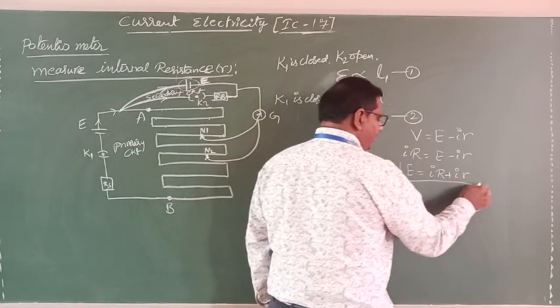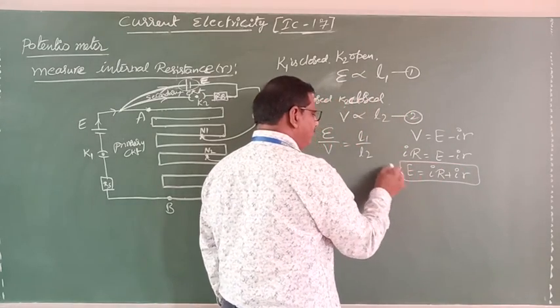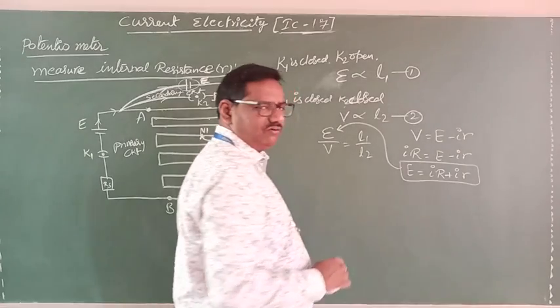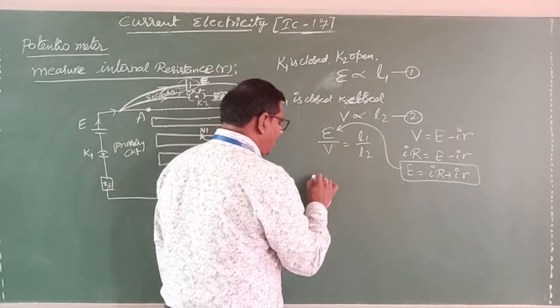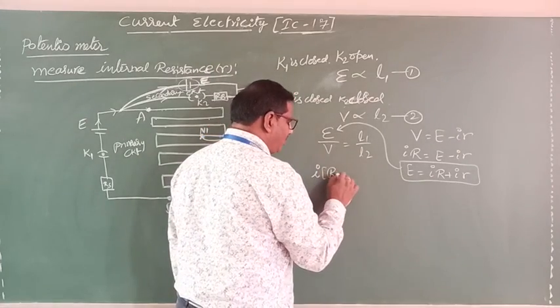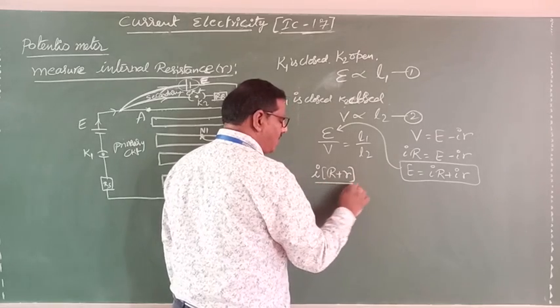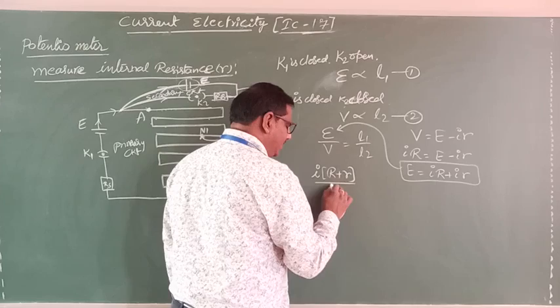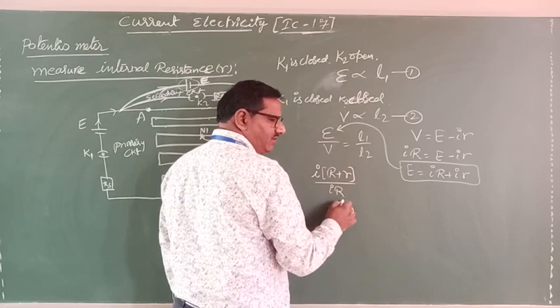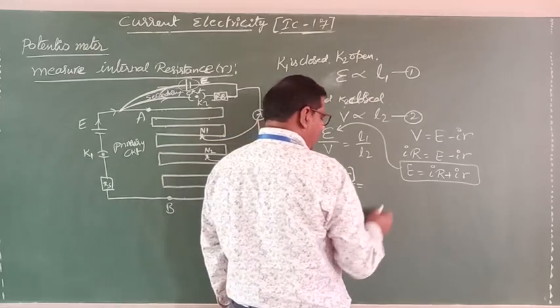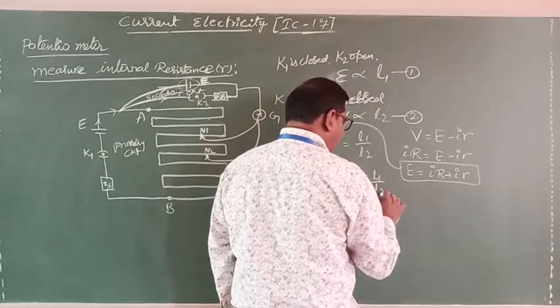Now instead of EMF, we substitute here. Then take I common: I into (R plus r) by I into capital R, because of Ohm's law V equals IR. We know that. So the remaining is L1 by L2.